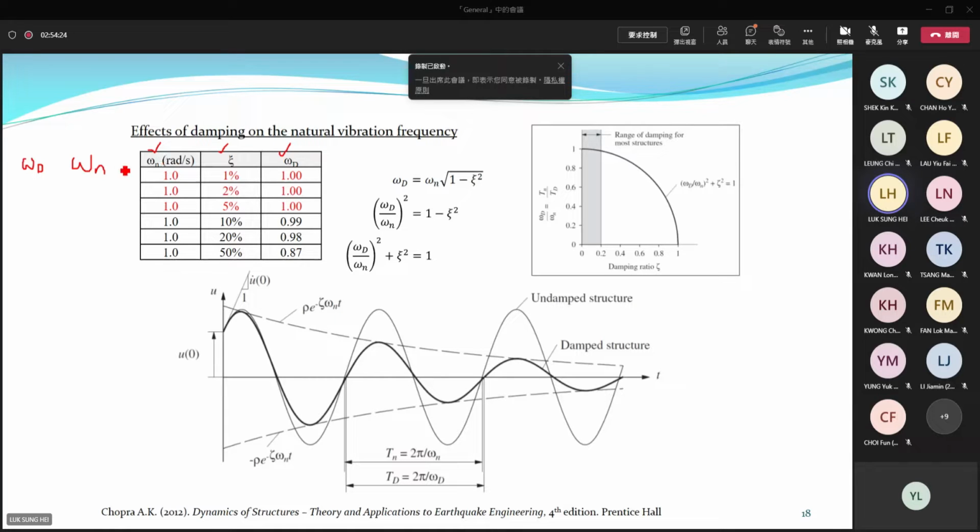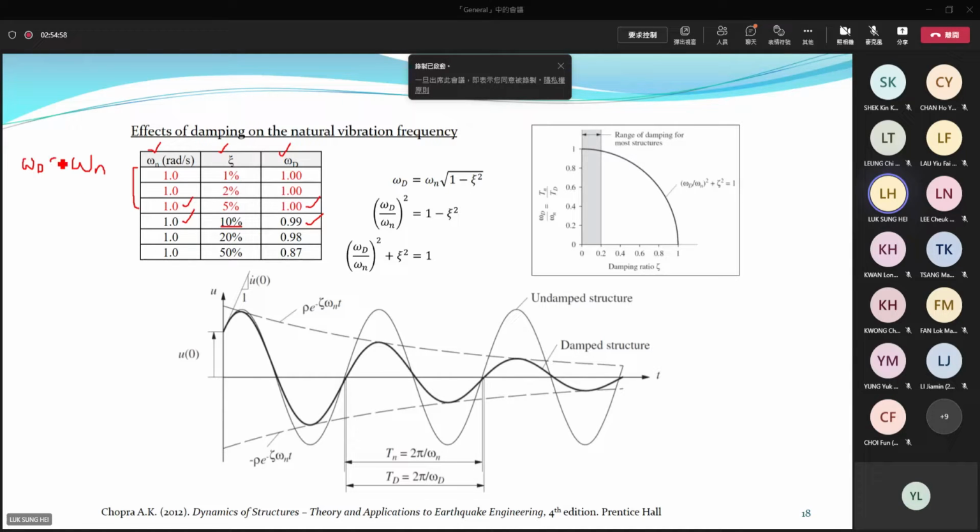You can see that for small damping ratios, for example 1%, 2%, 5%, when you calculate the damped frequency, the undamped and damped are quite similar, approximately equal to 1 in this scenario. When the damping ratio reaches 10%, 0.1, the value starts to change a little bit. The original value is 1, the damped frequency is 0.99, but it's still quite similar.